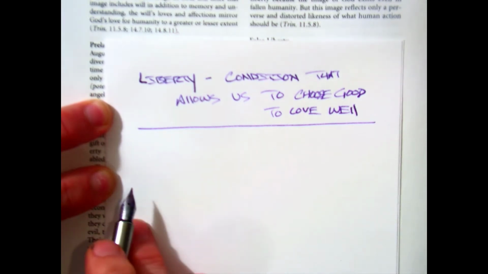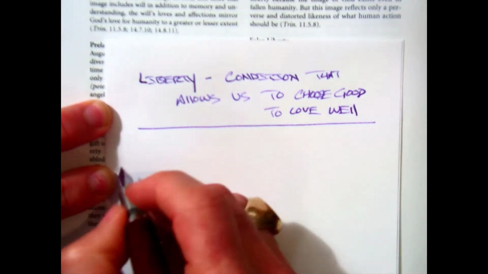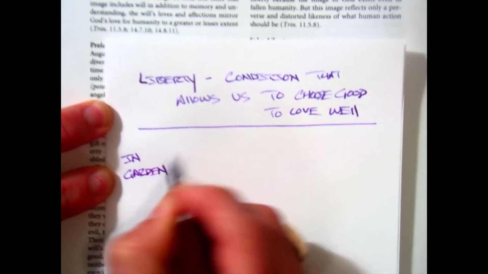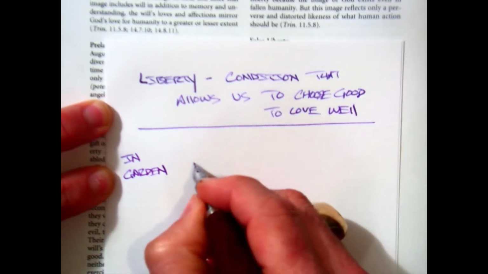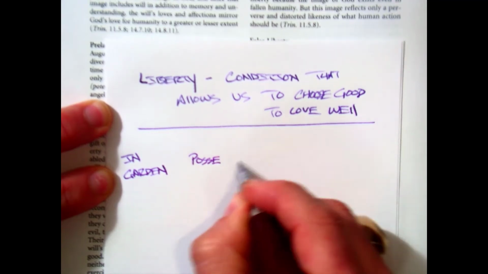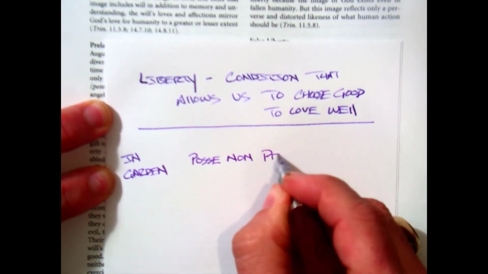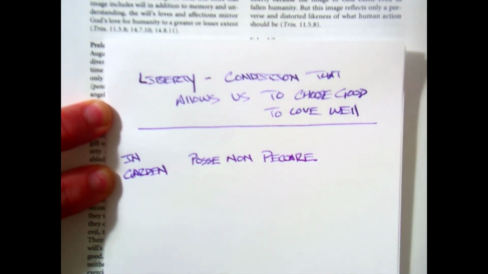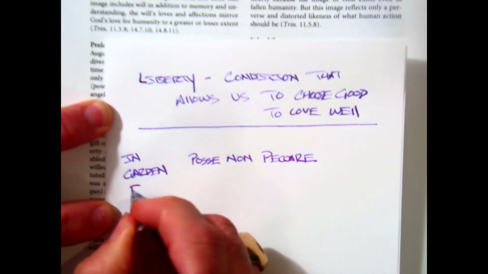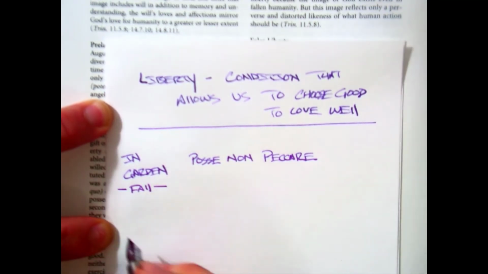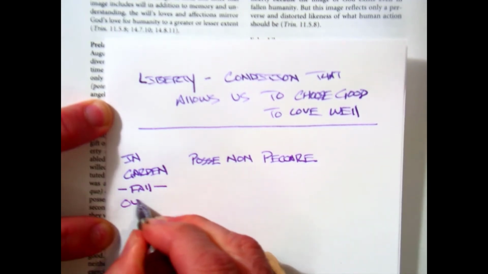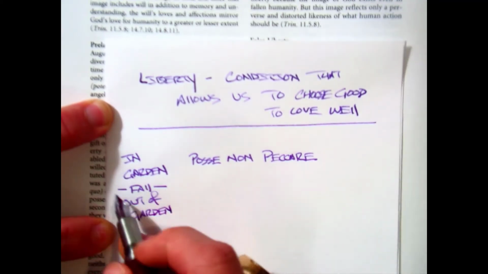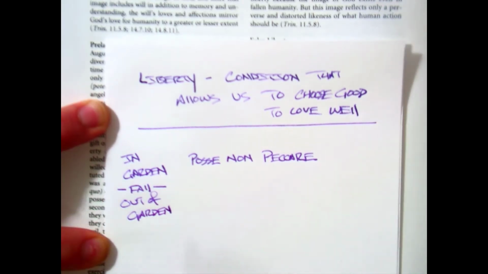So Augustine's got this scale, or this schedule, this timeline. If we think of Adam and Eve in the garden, Adam and Eve were able not to sin, and the Latin for that is posse non peccare. Able not to sin. After original sin, after the fall, Adam and Eve and the rest of humanity find ourselves out of the garden. This is the pre-lapsarian and the post-lapsarian condition.